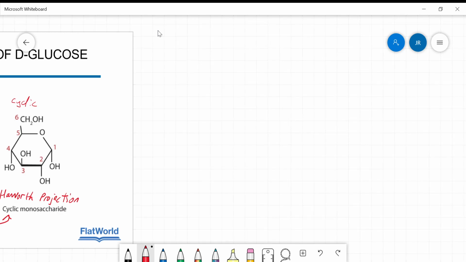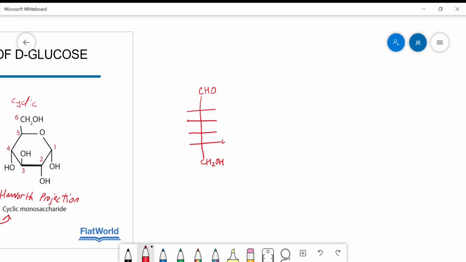All right, so this is how I would like my students to do it. Take your Fischer, so let's just say CHO is the aldehyde. Let's draw a Fischer real quick. Doesn't matter what the sugar is, but let's keep it to an aldohexose. So CH2OH.